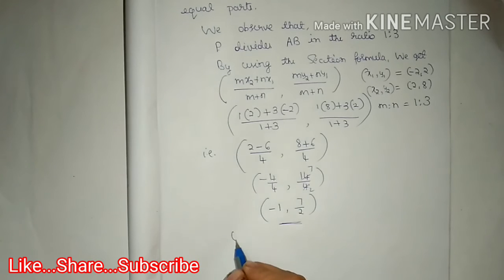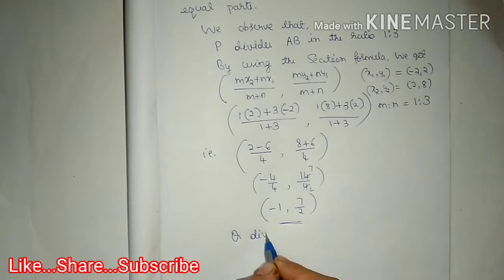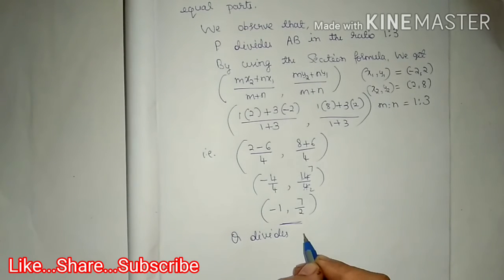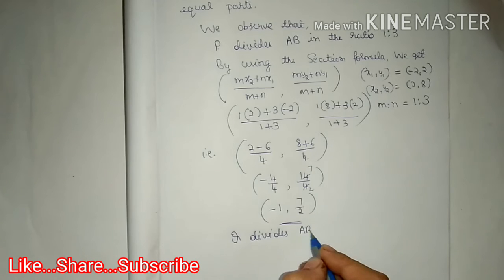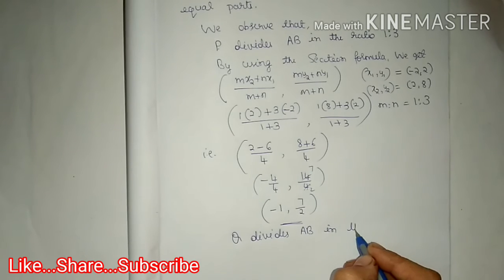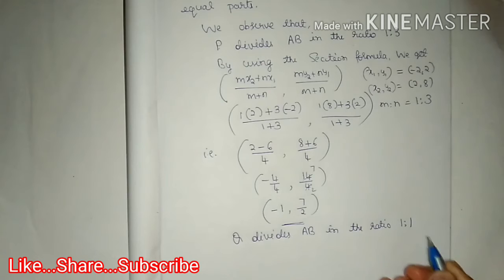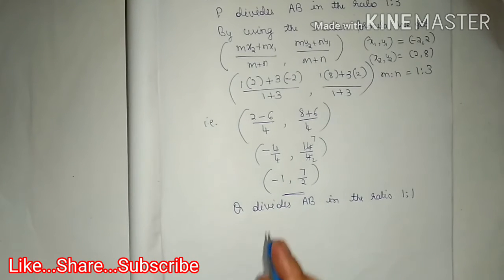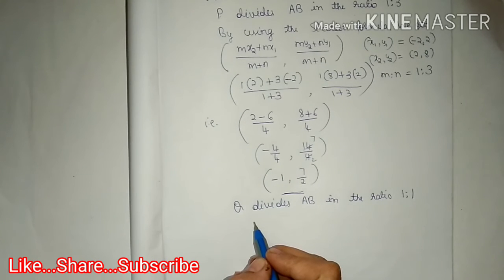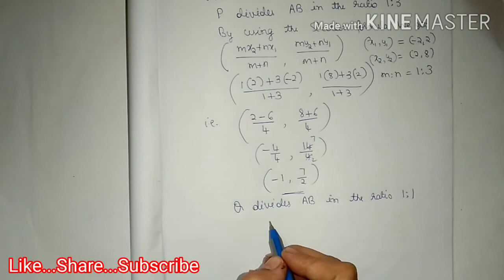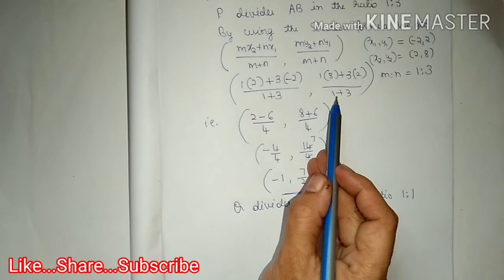Similarly, point Q divides the line segment AB in the ratio 1:1. By applying the section formula, we get, here we have to change only the ratio.